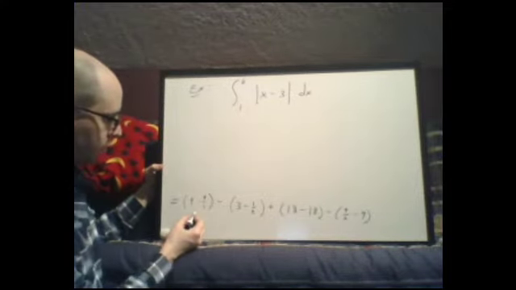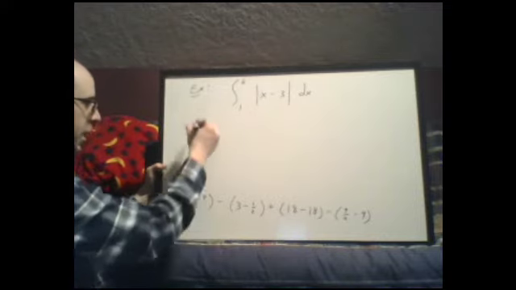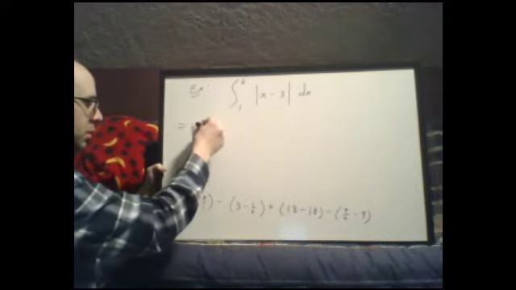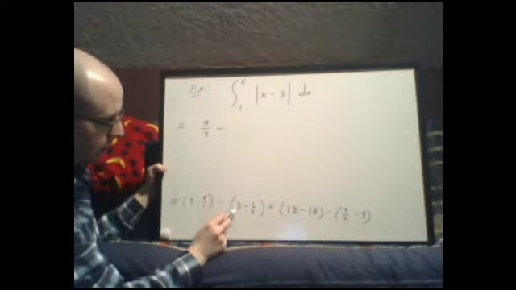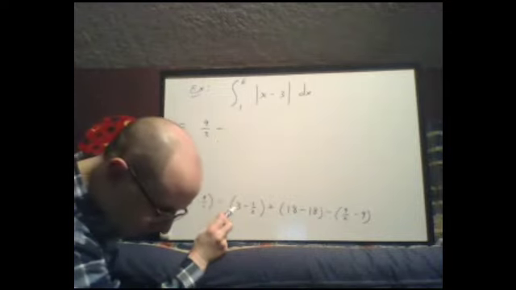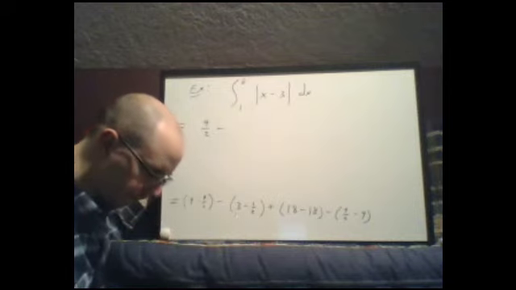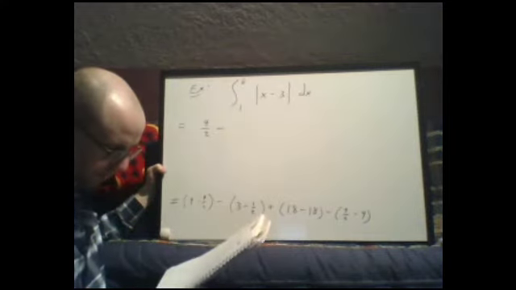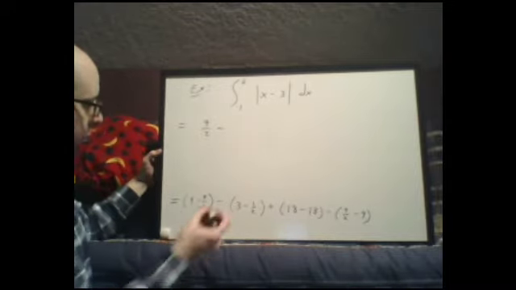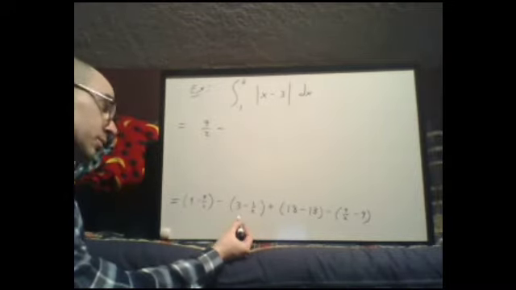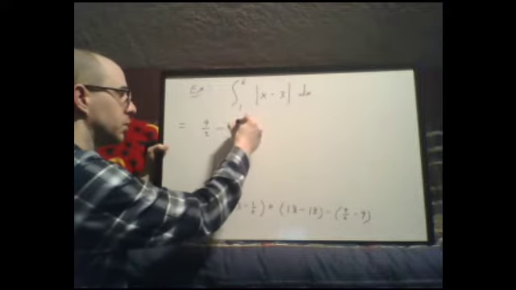So 9 minus 9 over 2, that's 9 over 2. I'm looking at the wrong answer. All right. 3 minus a half is 6 over 2 minus 1 over 2 is 5 over 2.